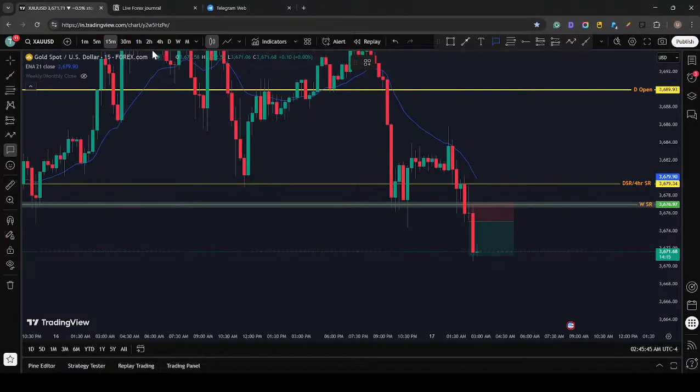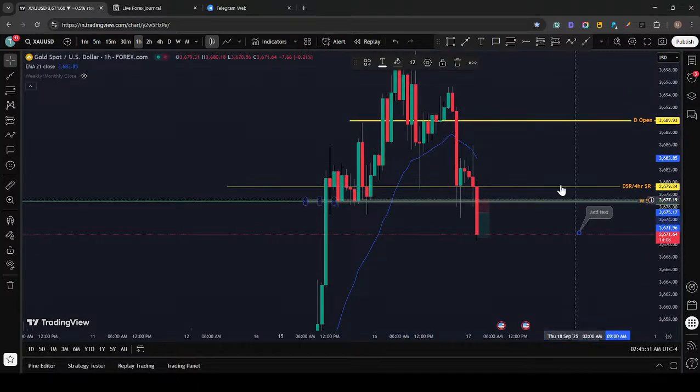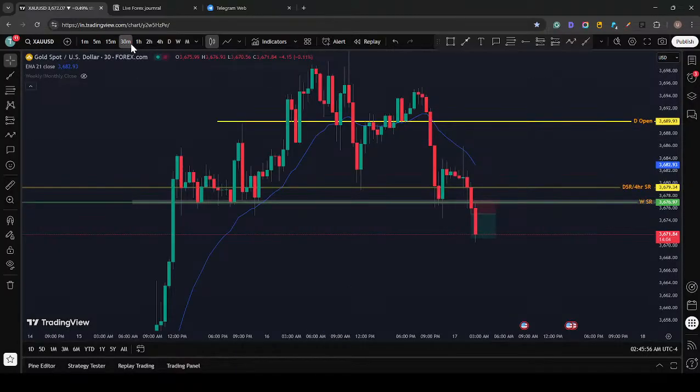So what was the context? Let me journal it. I'll see the context of this trade. Okay, 30 minutes close below the range.